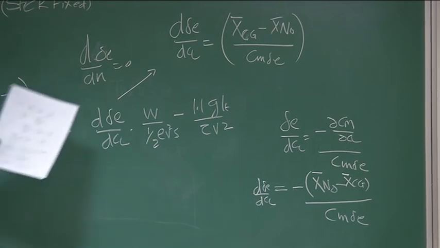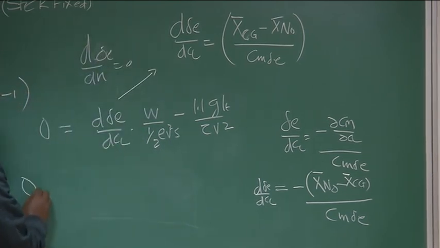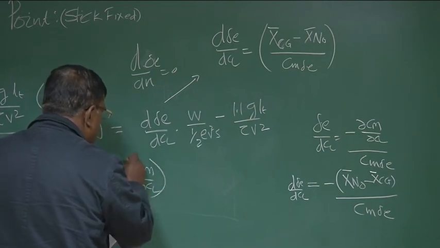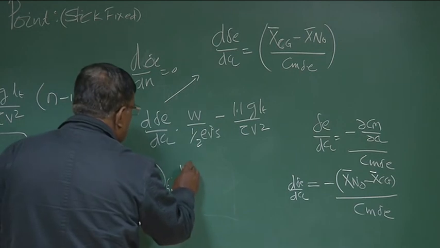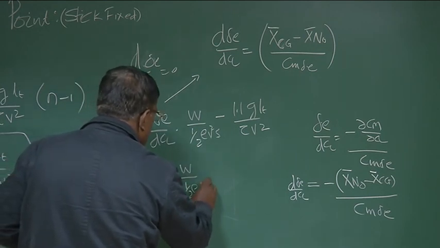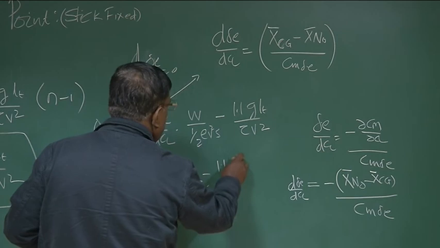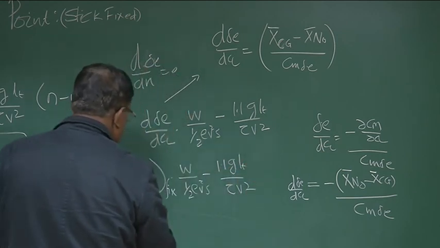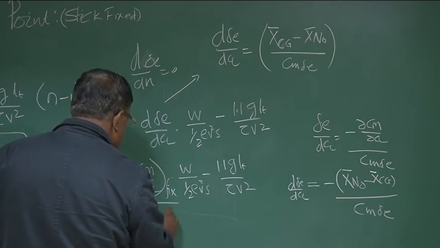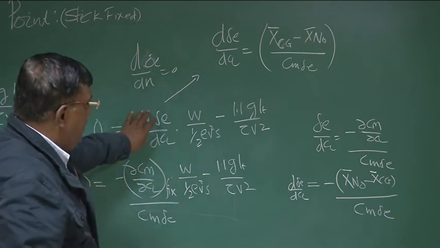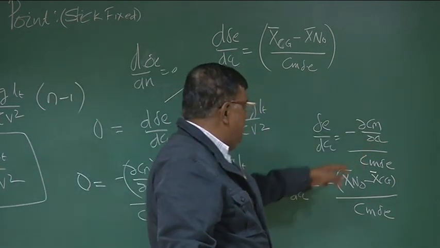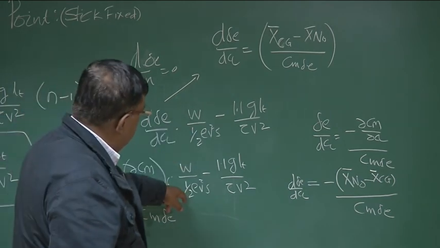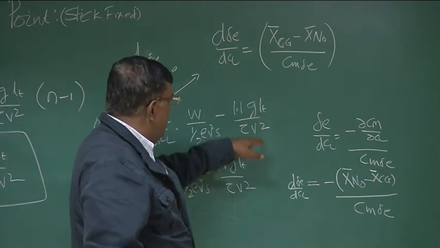So now what happens? I put it here. So I get the expression 0 equal to dCm by dCl fixed into W by half rho V square S minus 1.1 G LT by tau V square. Of course here there is a Cm delta E, because I know d delta E by dCl is minus dCm by dCl by Cm delta E. So minus dCm by dCl fixed by Cm delta E into W by half rho V square S minus 1.1 G LT by tau V square.